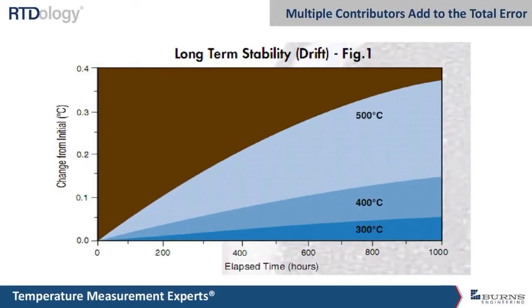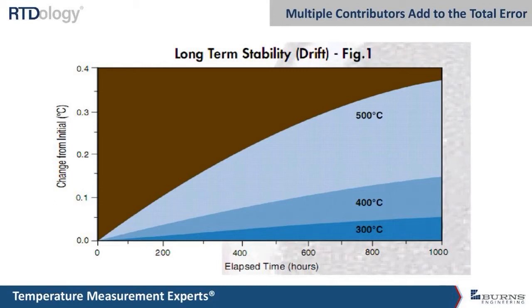Next is long-term stability. You can call this drift. If we look at this table here, looking down at just the 300 degrees C usage temperature, this is after, typically, a test done for 1,000 hours. If we run the probe at 300 degrees C, it's less than 0.05 degrees C of shift.